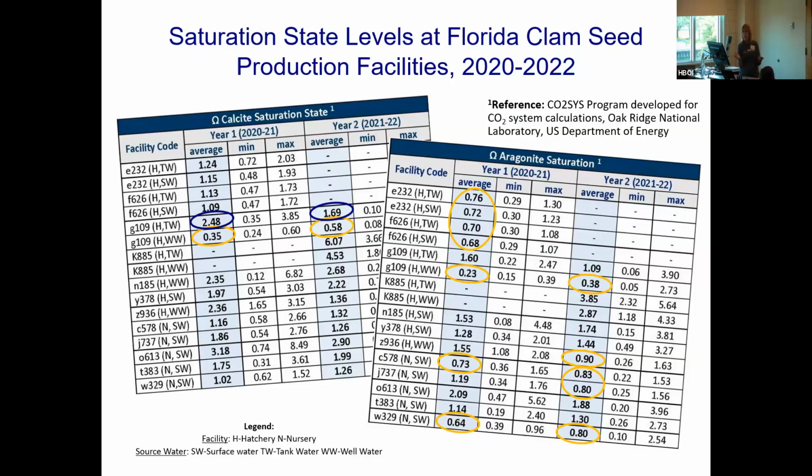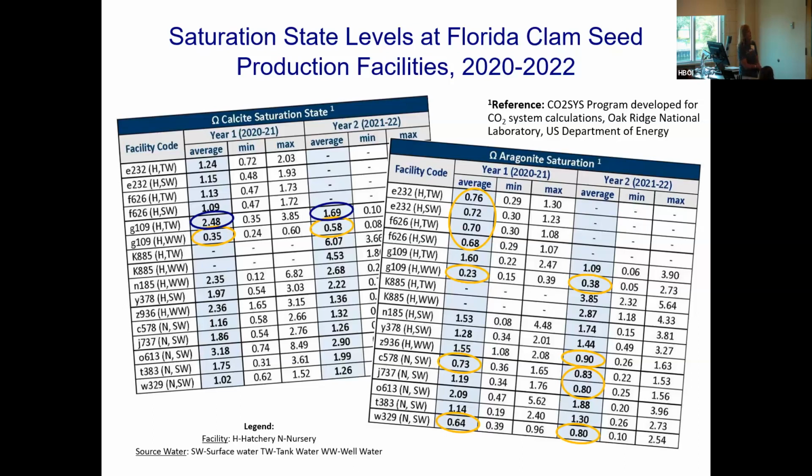I think you all do anyway, but aeration would degas any of the excess carbon dioxide, maybe not so important in surface water versus well water. Then I might consider buffering my incoming water supply source to increase those levels of pH and alkalinity, which will drive that aragonite saturation state.